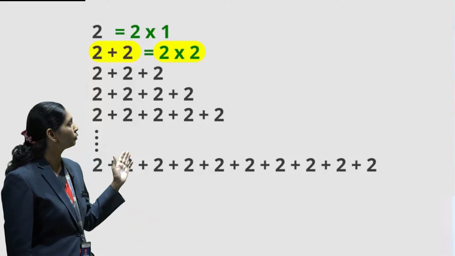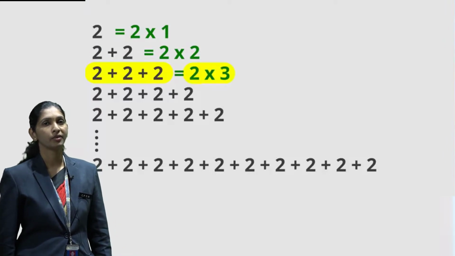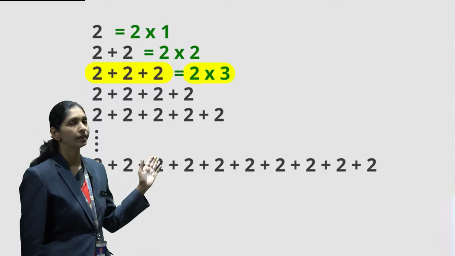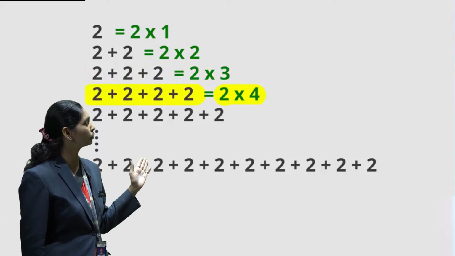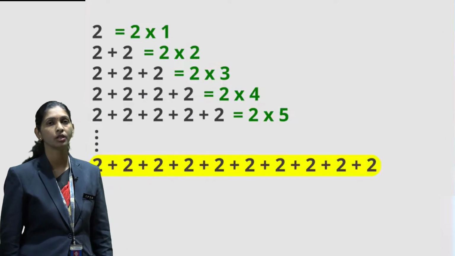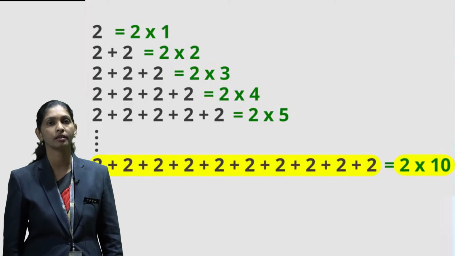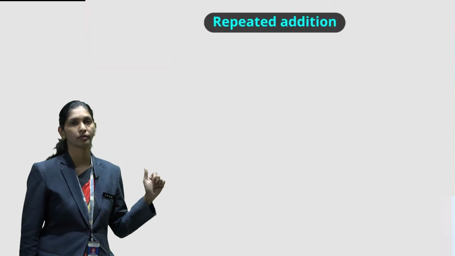If we have 2 plus 2 plus 2, then it can be written 2 multiply 3, or for the last term, 2 added 10 times, that means 2 multiply 10. This is repeated addition.